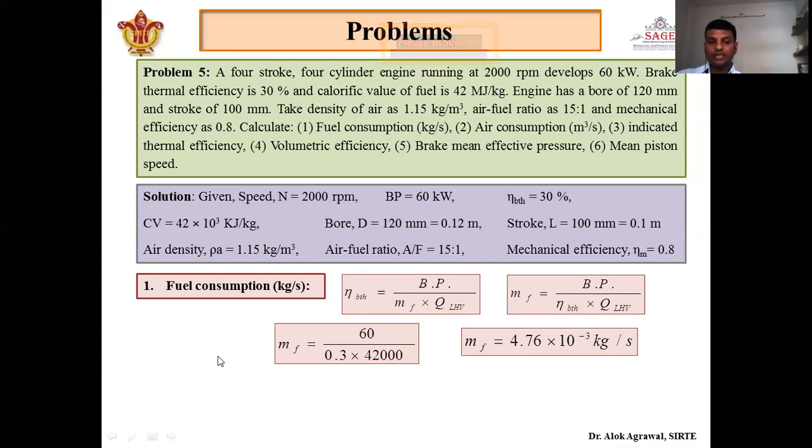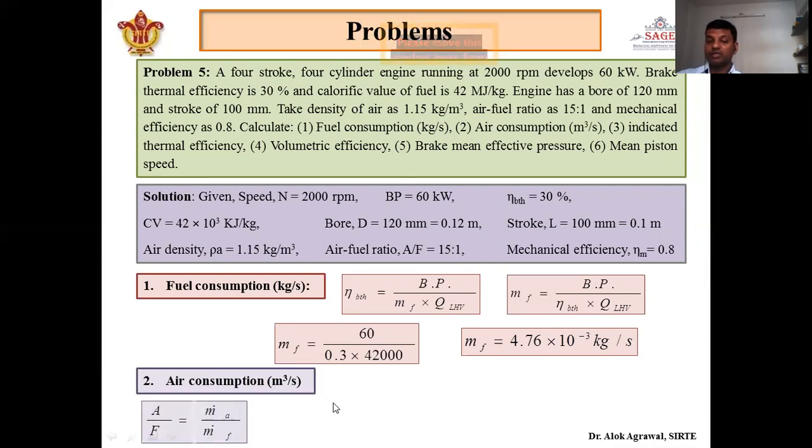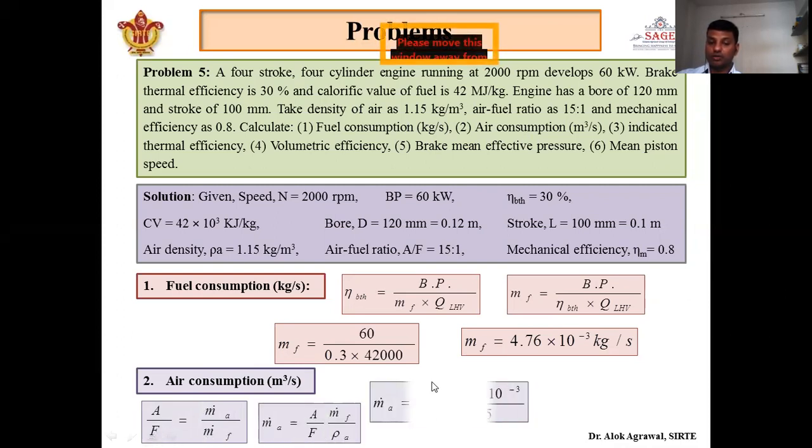Okay. Next is air consumption, but it is asking in meter cube per second. So first we will calculate it in kg per second with the help of air fuel ratio, which is given as 15:1. When we calculate it in kg per second, we have to multiply it by MF only, A by F. But for converting it to meter cube per second, we have to divide it by density of air.